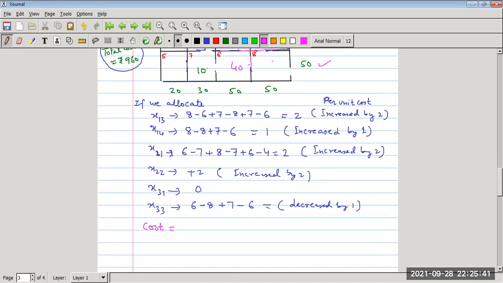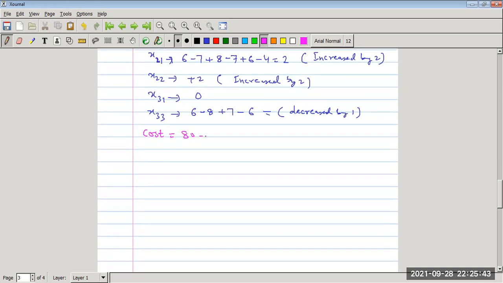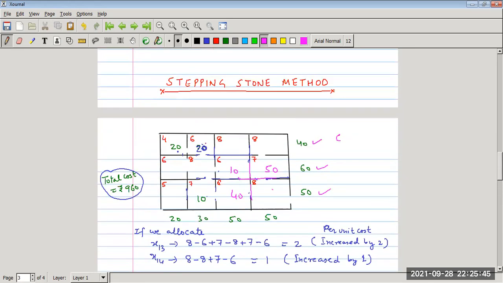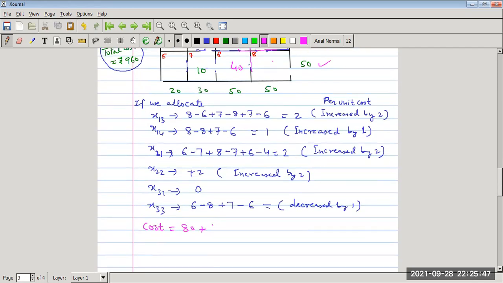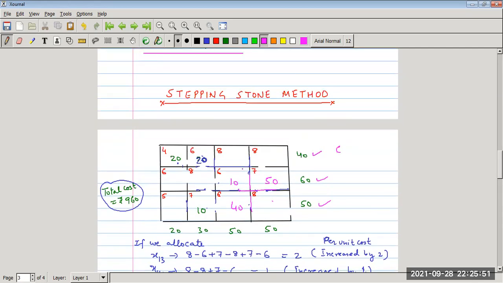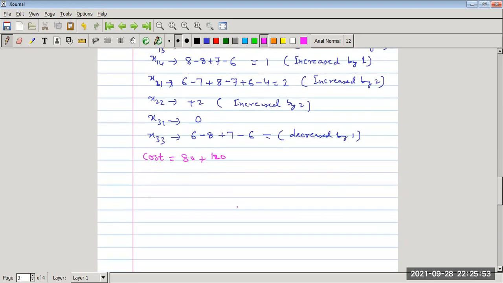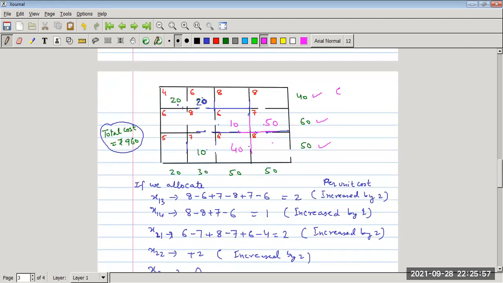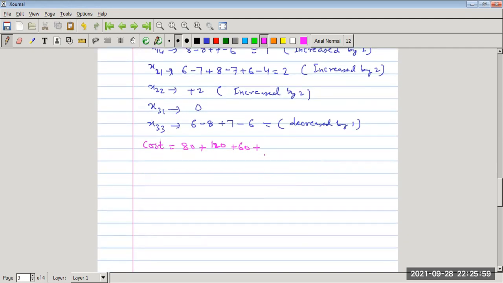20 into 4, it is 80. Plus 20 into 6, it is 120. 10 into 6, it is 60. Plus 15 into 7, it is 350.